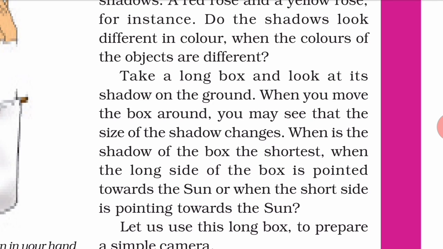It might be shorter, it might be longer; it is not accurate to the object. So from the shadow we cannot make out how big or how small the object is, or what its shape could be. This is all for today, and next time we'll take another topic.